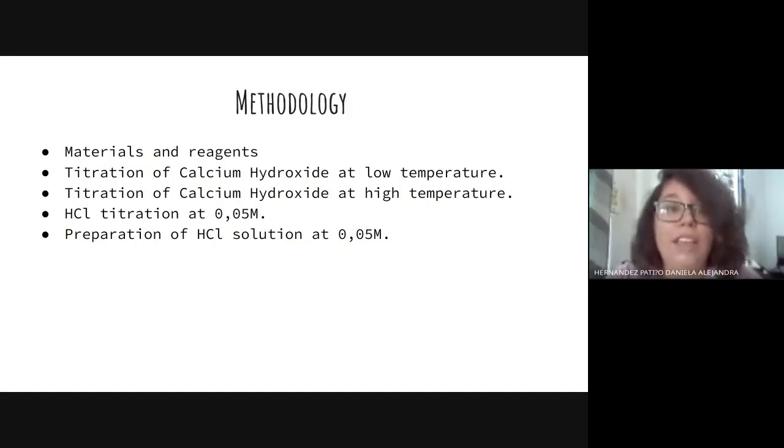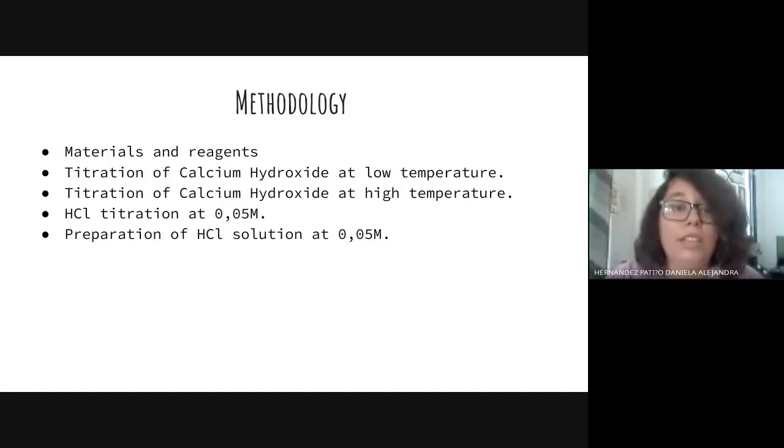Then add the indicator bromothymol blue and treat the solution with 0.05 molar hydrochloric acid until the sample changes color.